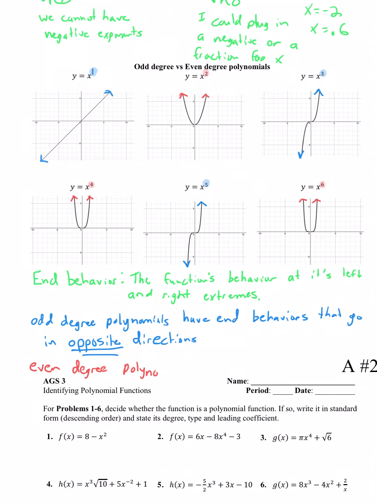Even degree polynomials have end behaviors that go the same direction.